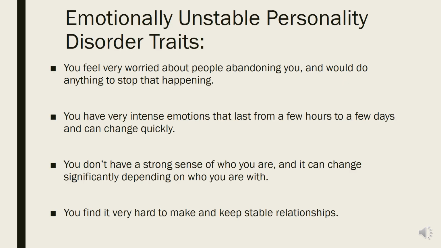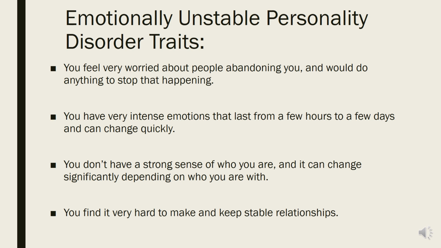So these next two slides really are just summarising and bringing into focus a bit more about the traits that we often see in people who have a diagnosis of emotionally unstable personality disorder. And it's this idea that we've had from the beginning, really from when we thought about attachment, about worrying about abandonment.